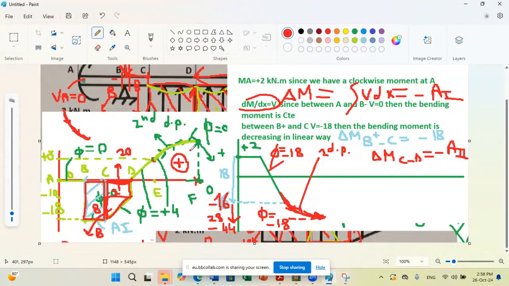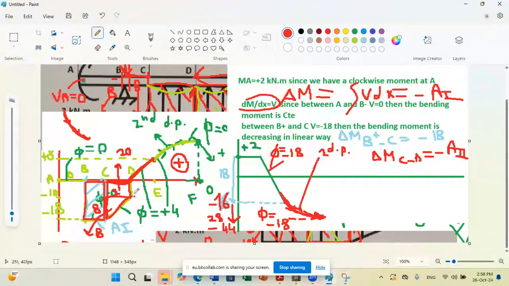What will happen after D? We'll have an increase in the moment. Here we have a linear variation between D and E. We have a linear variation of shear, so if shear is linear, the moment is second degree. What happened suddenly?